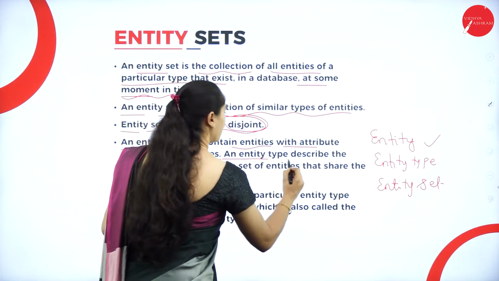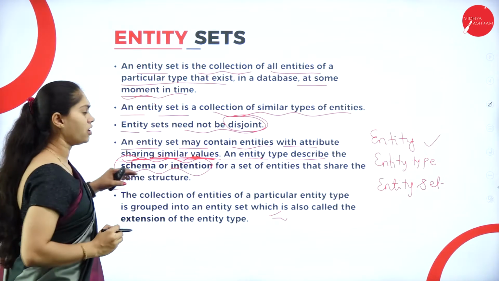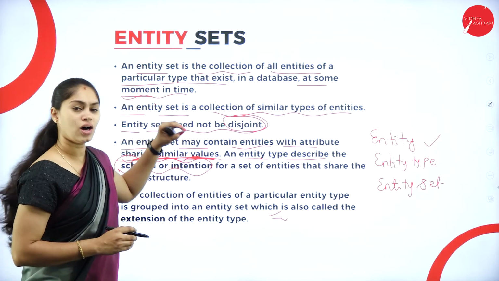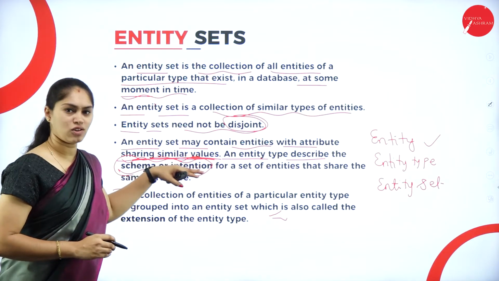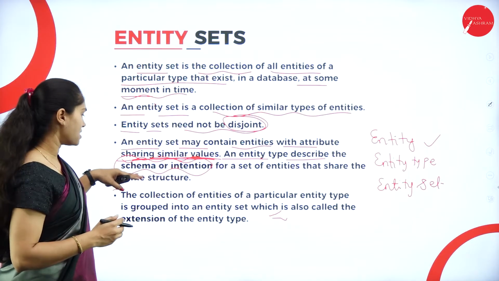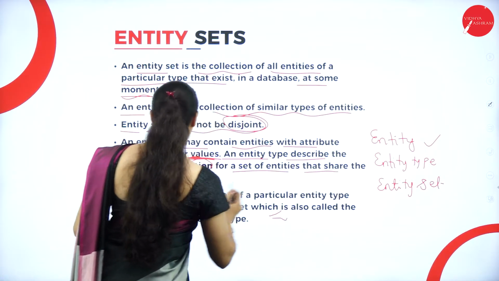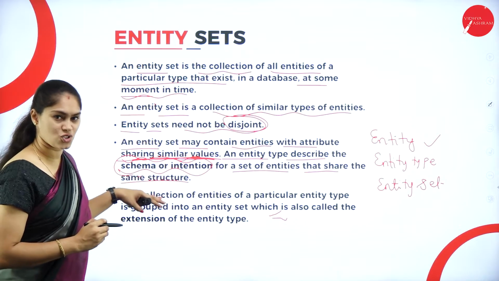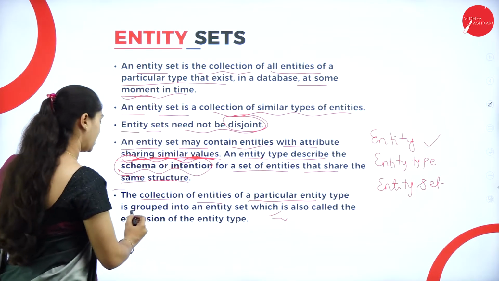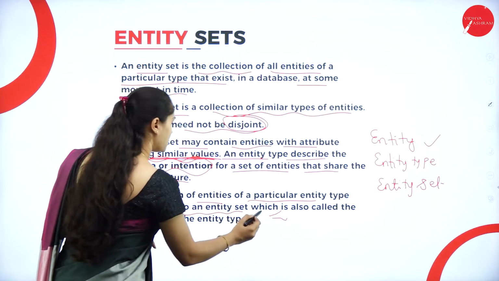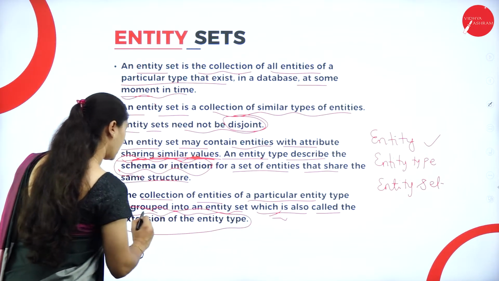Then an entity type describes the schema or intension. When an entity with its attributes has similar kinds of values, then we are going to call that a schema or intension for a set of entities that share the same structure. And the collection of entities of a particular entity type is grouped into an entity set, which is also called the extension of the entity type.